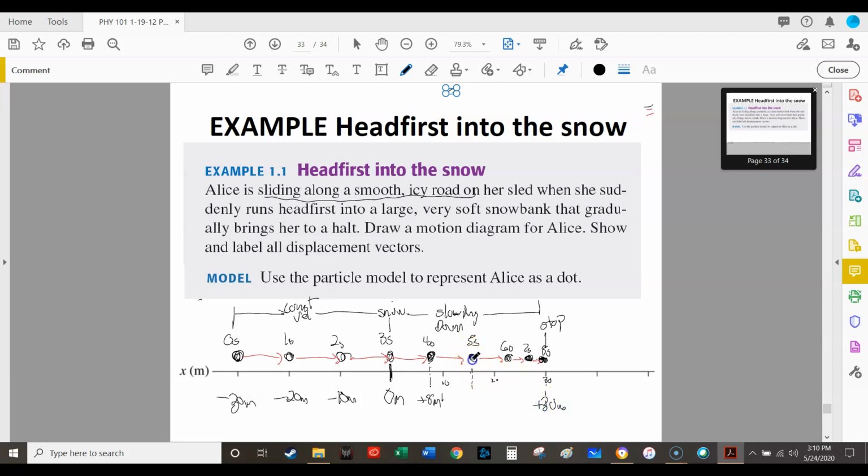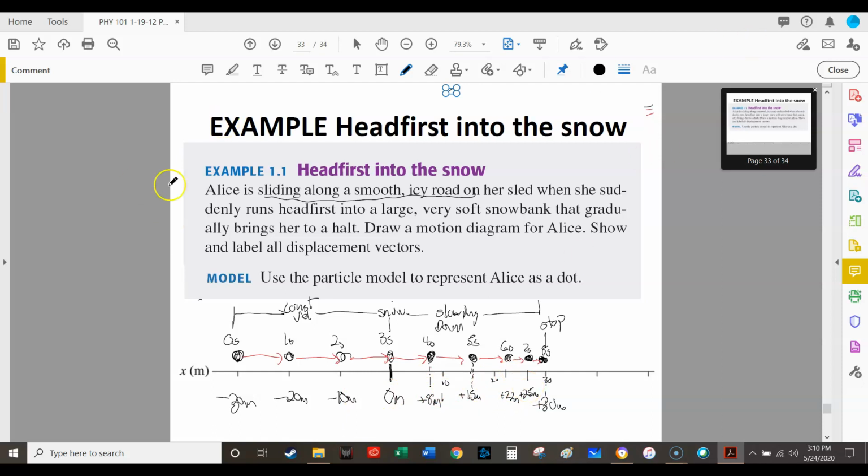Her incremental positions are going to be the 15 meter mark, the 22 meter mark, and the 25 meter mark. I try to put in all the incremental units as I can to tell this story.